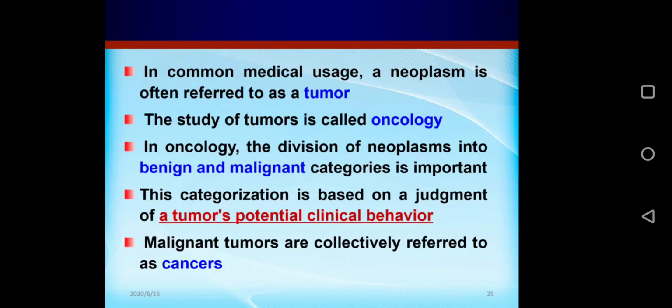The study of tumors is called oncology. In oncology, the division of neoplasms into benign and malignant is very important. This categorization is based on a judgment of the tumor's potential clinical behavior. Malignant tumors are collectively referred to as cancers. So cancer means all malignant tumors.